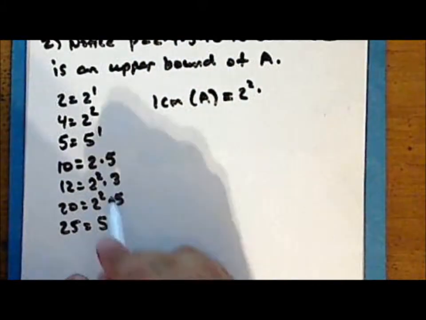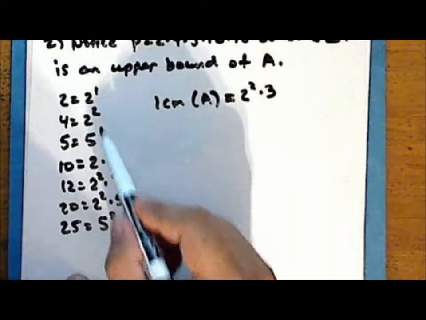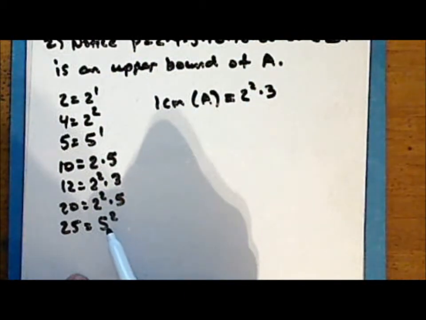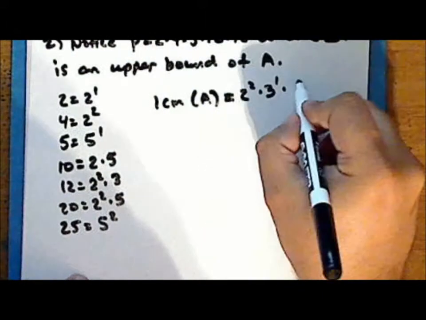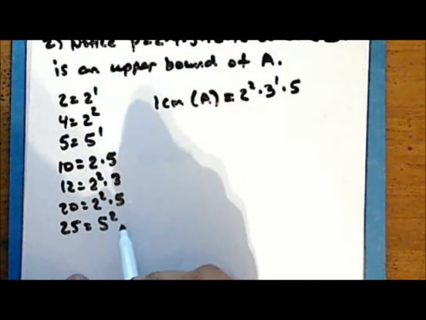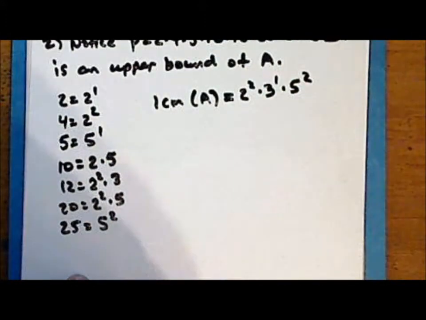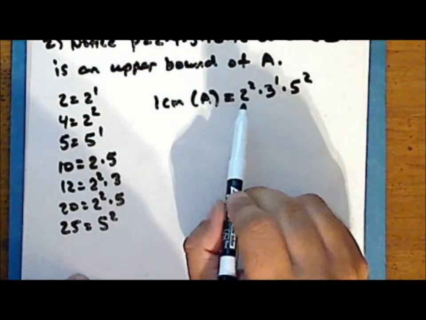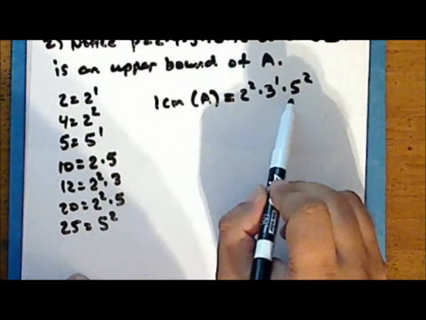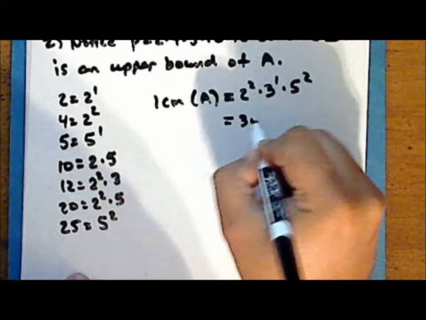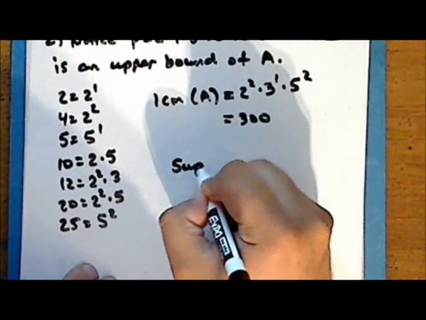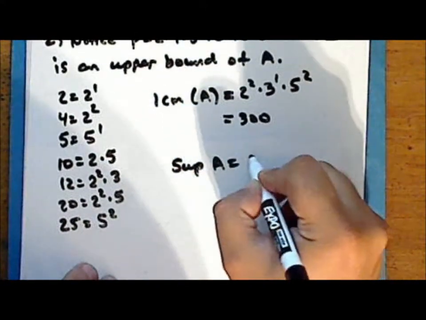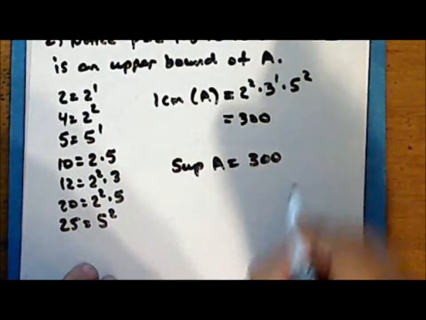The prime number 3 also occurs, and the highest power is 1. And finally, the prime number 5 occurs, and the highest power of its occurrence is 2. So the least common multiple of the elements in the set A is 2 squared times 3 times 5 squared, which is 300. And so the supremum of the set A is the least common multiple, which is 300.